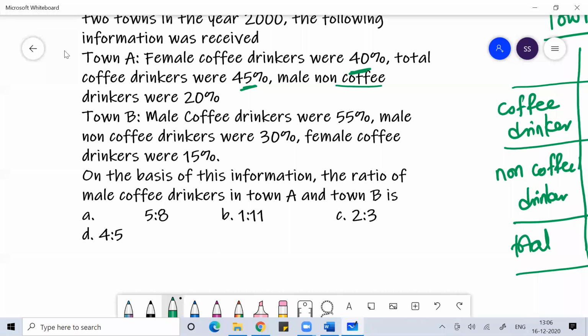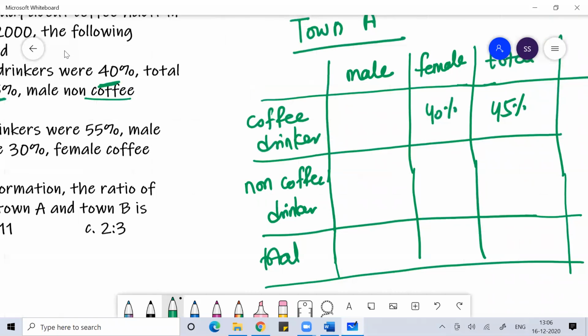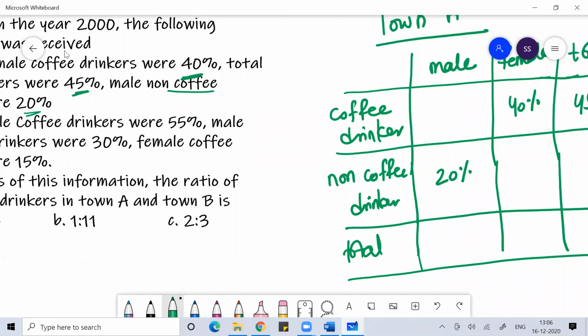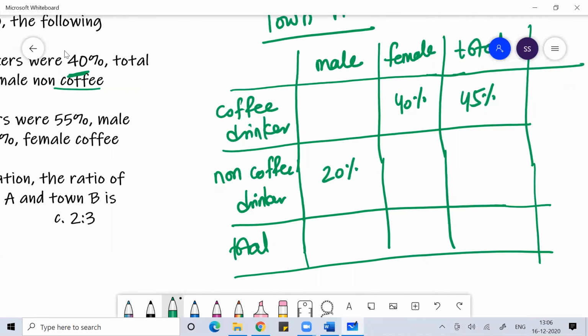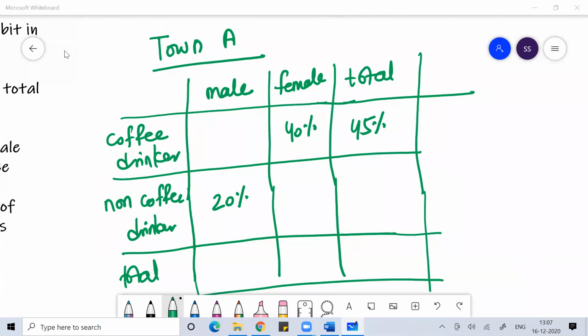Male non-coffee drinker is 20%. Is this clear, everyone? This much is given for town A. Any doubt?